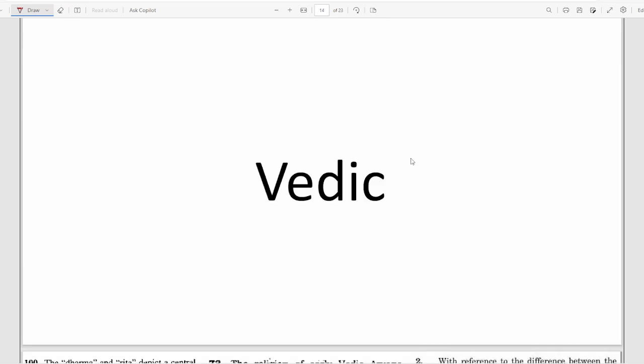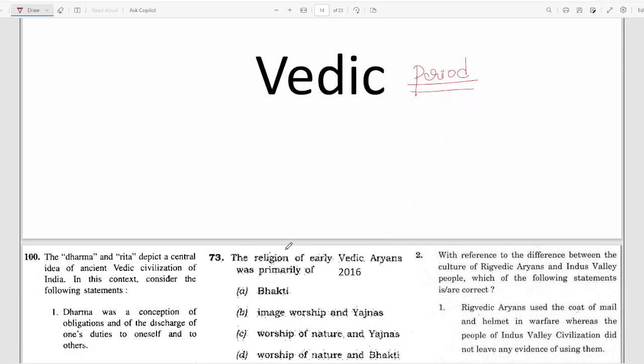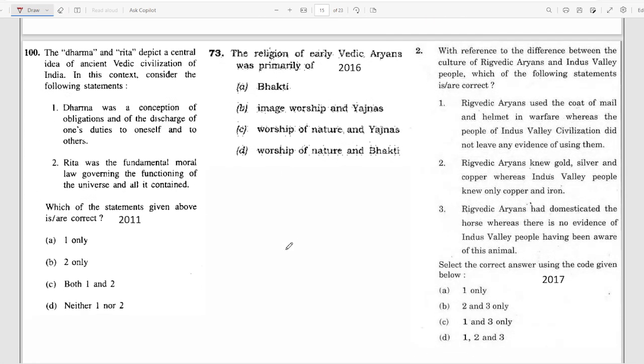Moving to the next section, this is the Vedic period or the Vedic age. This is also one of the important sections in ancient history from which we come across questions. In 2011, they had asked about Dharma and Rita, which depict a central idea of the ancient Vedic civilization of India.